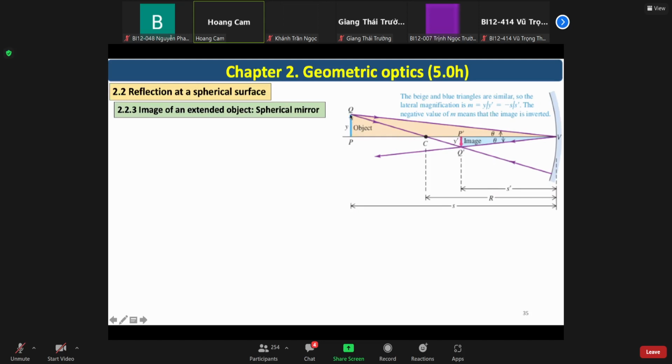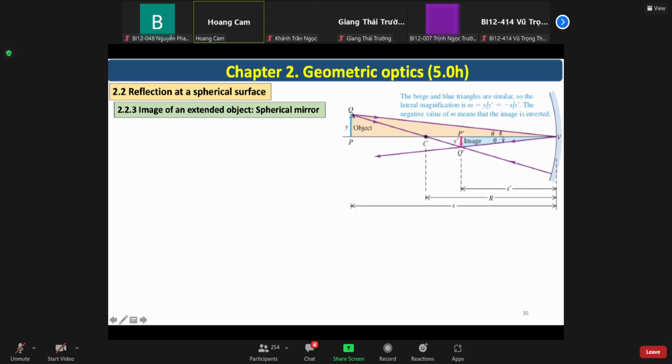So we have the spherical mirror here with some special points C and V, and also F as well, right? Now we don't use that at once. We will use that in the final part, but we got this point.